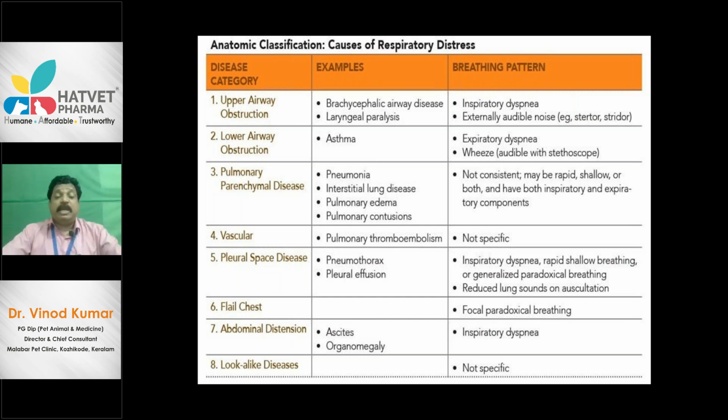And if there is a vascular disease of the lung, it is not so common, and we cannot easily diagnose it, as in pulmonary thromboembolism. In such cases, it is always not specific. A typical breathing pattern will not be there. Any breathing pattern can occur, depending upon the lobe affected, side affected, etc.